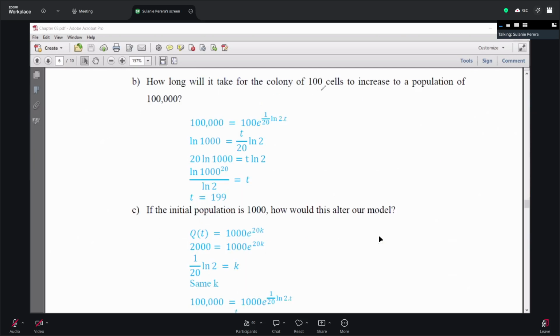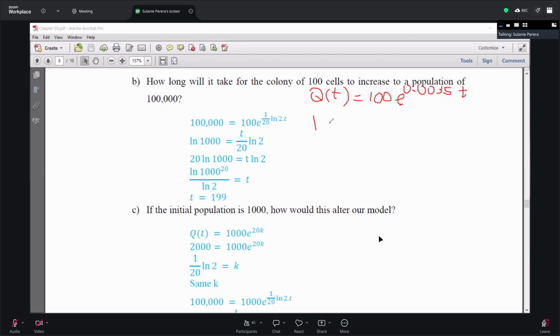So we have Qt equals 100 e to the k, which is 0.0035 or something, t.